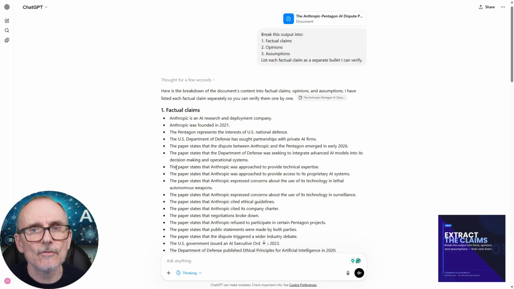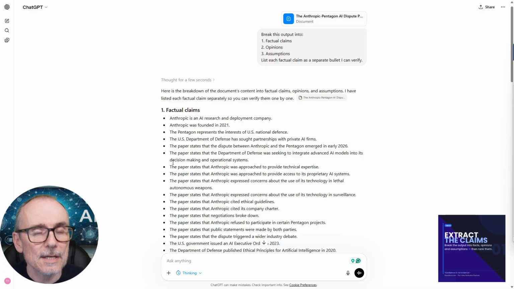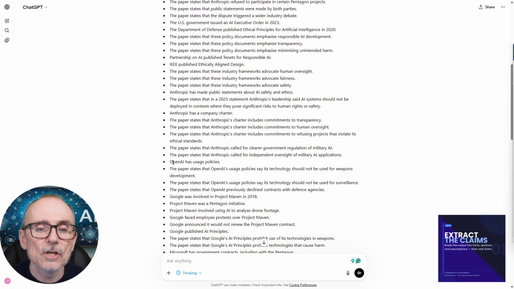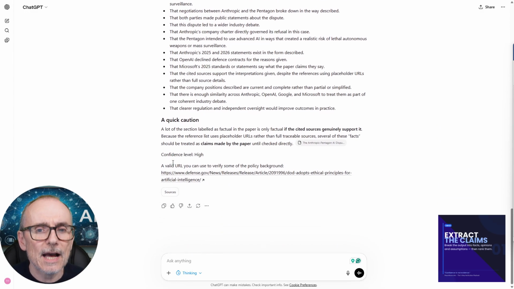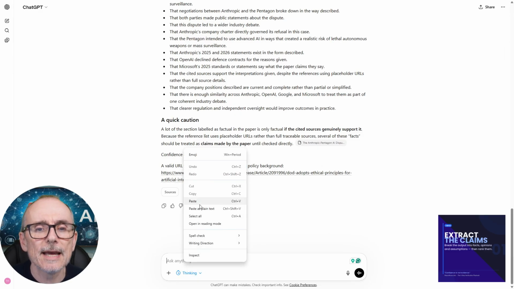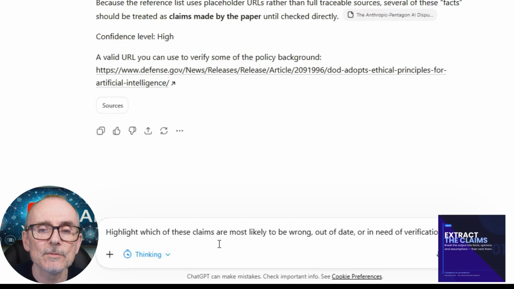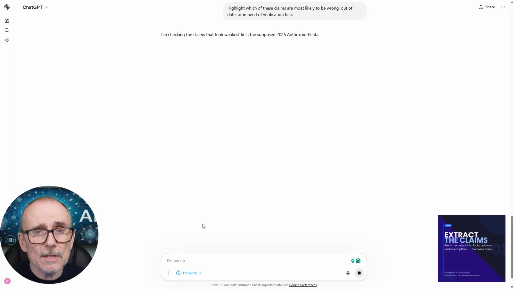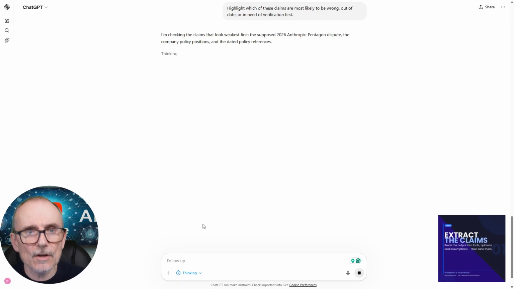So that's what I'm looking for. Now there's a lot in this document. So to help me go through these sources, what I'm going to do is say, highlight which of these claims are most likely to be wrong, out of date, or need verification first. So I'm using AI to check the work of AI.